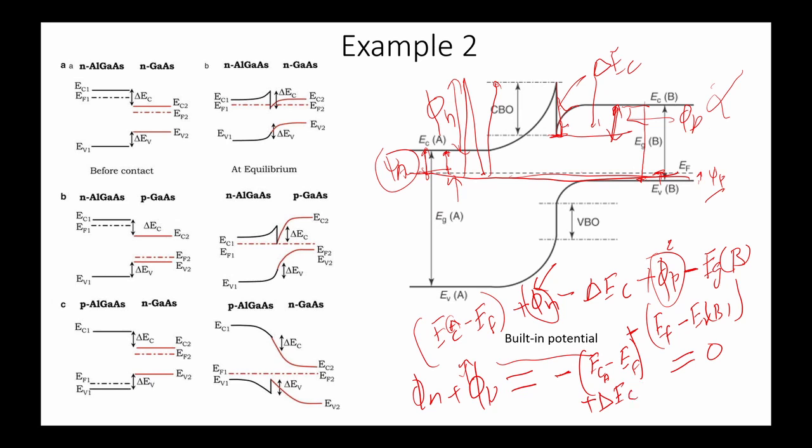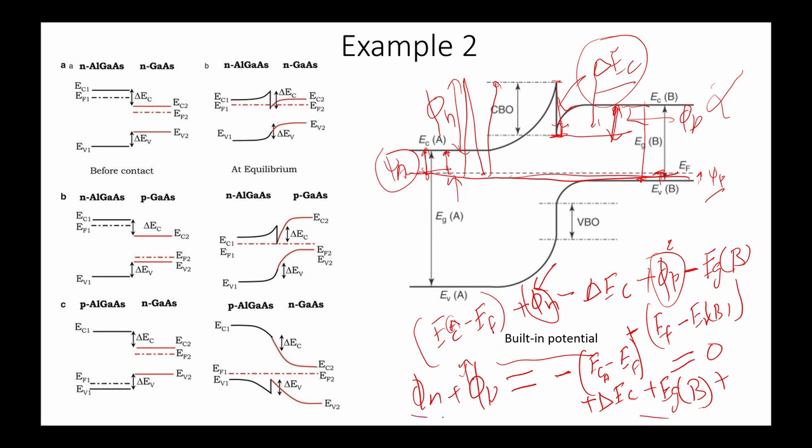This delta EC is nothing but the difference between the electron affinities q xi1 and q xi2. Okay, this is the difference between the electron affinities. And plus Eg of the B material, and plus EF minus EV of B. So this can be calculated easily.